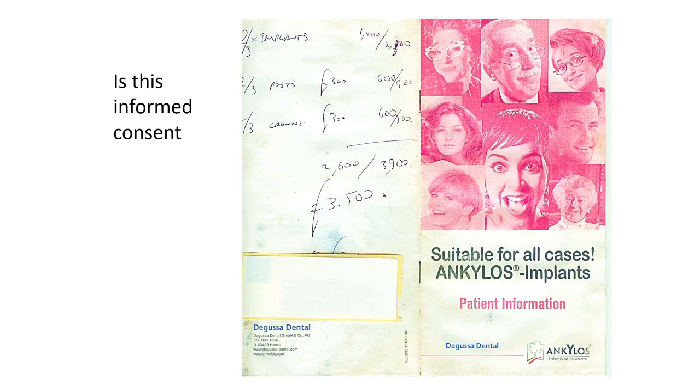You can see he's put 2 to 3 times implants, and he's put a cost there. He's put a post and he's put a cost there. So there's lots of financial information, but there's no clinical information whatsoever going on in this treatment plan.